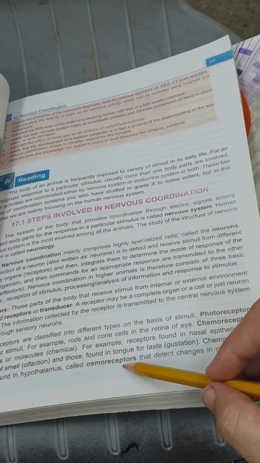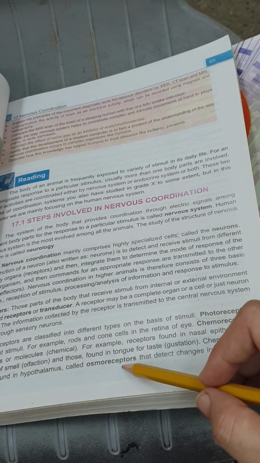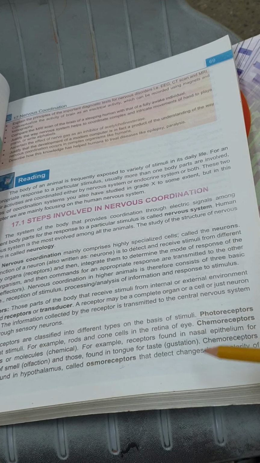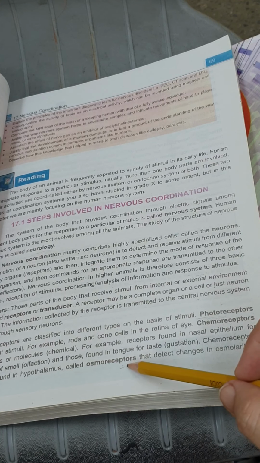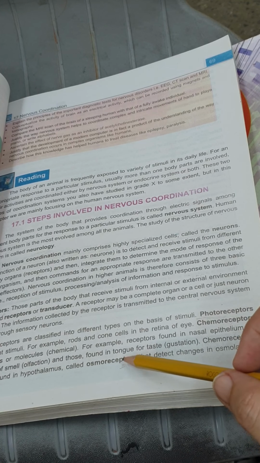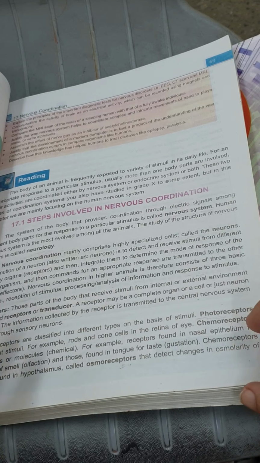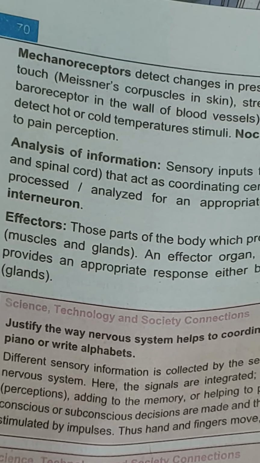Osmoreceptors are those receptors which tell us about the osmolarity, the osmotic changes in the body, the changes of the solutes and the solvents, about the water content and about the salts. So these are called the osmoreceptors.